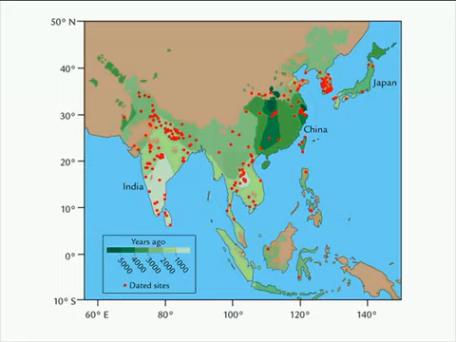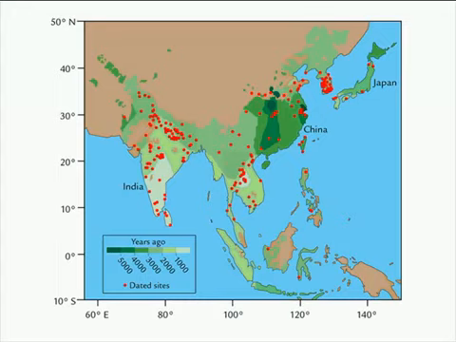And then by 1,000 years ago, it spread all the way down into Southeast Asia, Java, Sumatra, and across into India. And basically, by 1,000 years ago, irrigated rice is being grown everywhere where it's grown today. At least the initial entry of irrigated rice has reached every area where rice is grown today.